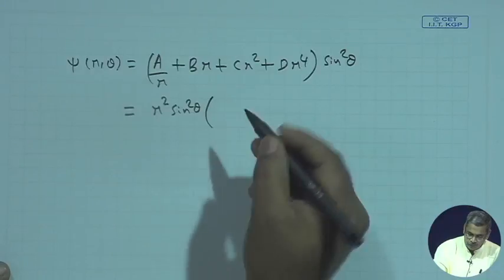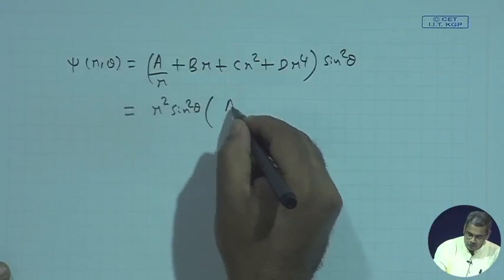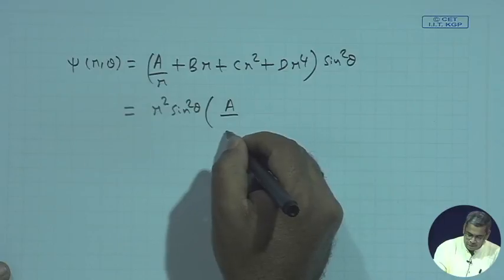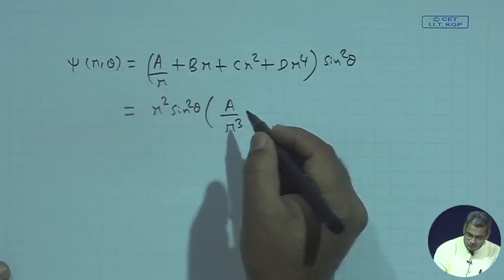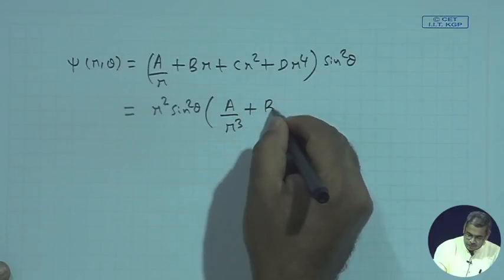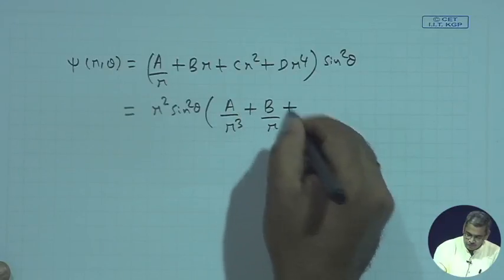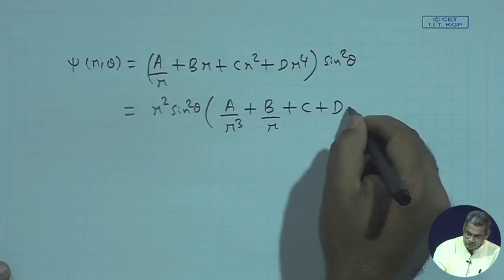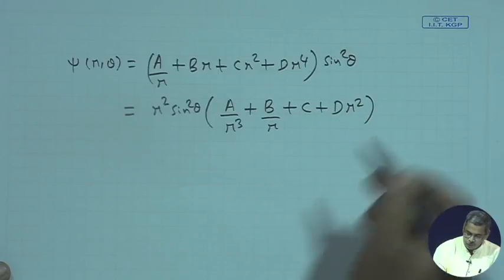Okay. So, this will be A over, so we are taking r square common, okay, plus C plus D r square.